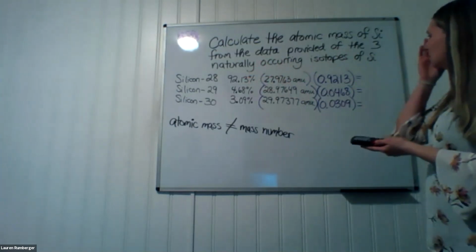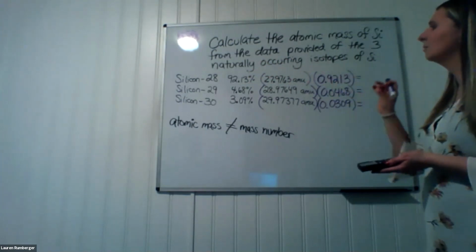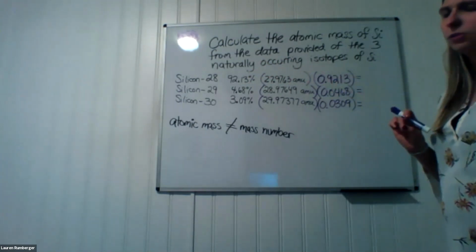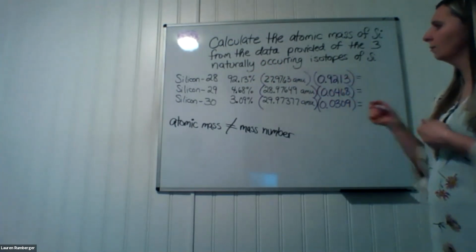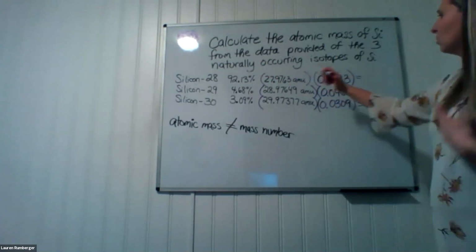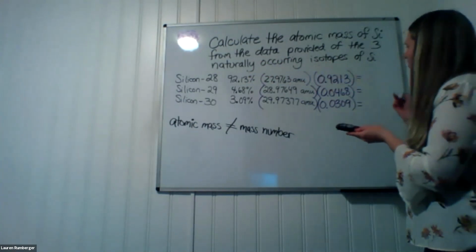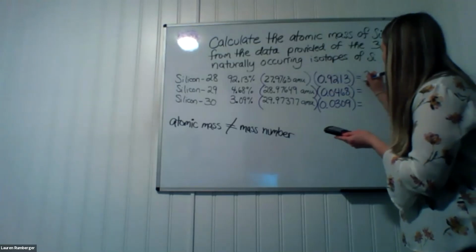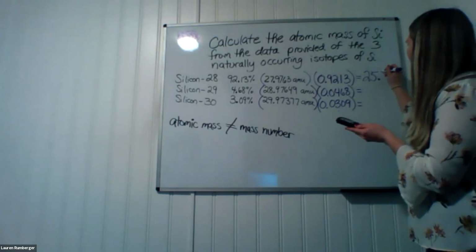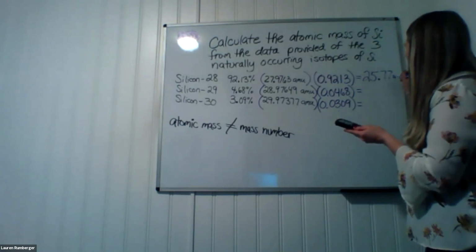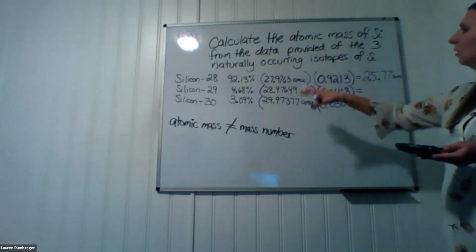Okay, so the rules for multiplication say to keep the least number of significant figures. The least number of significant figures here is 4. So we're going to multiply here and round to 4 significant figures. So this will be 25.77 AMU.